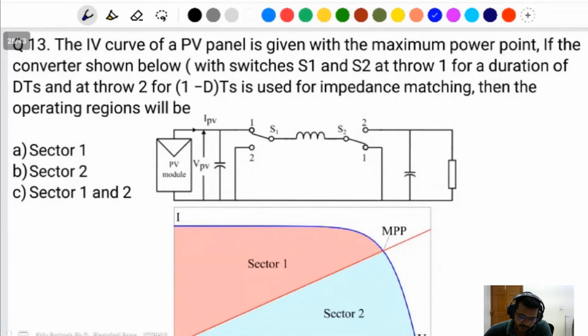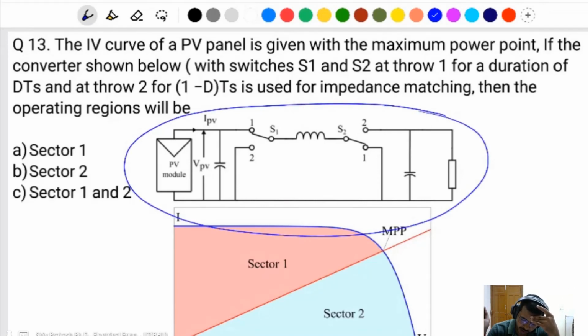Next, the IV curve is given. The current and voltage curve of the PV panel is given with the maximum power point. The converter shown below, with the switches S1 and S2 at position 1 for the duration of DTs and at position 2 for the duration of (1 minus D)Ts, is used for impedance matching.